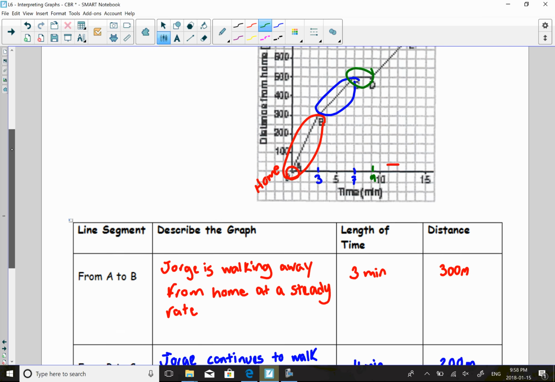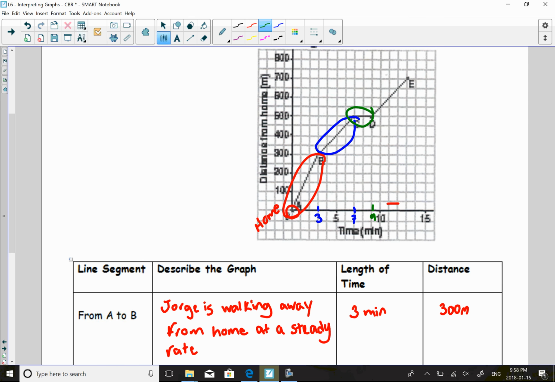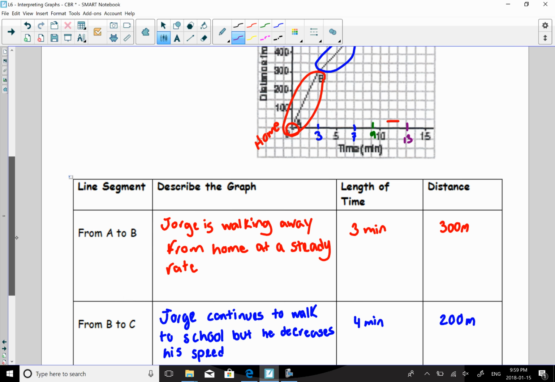And from D to E, he travels how much? From 9 to 14, and he makes it, no, that's 13. So it takes him another 4 minutes, and he goes from 500 to 700, so that's 200 meters.